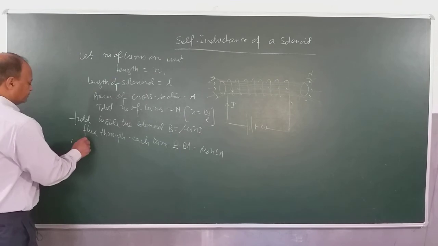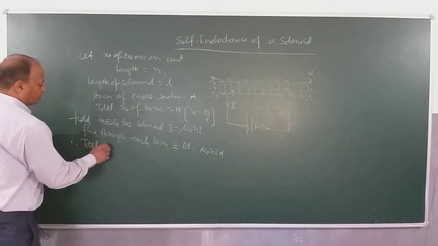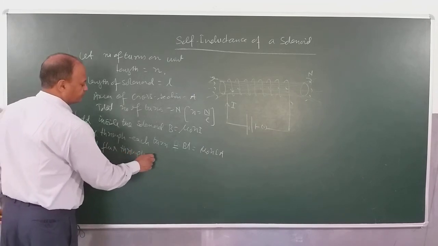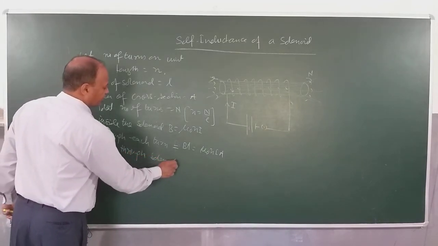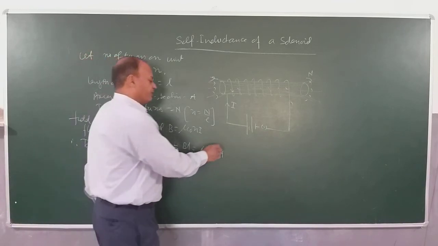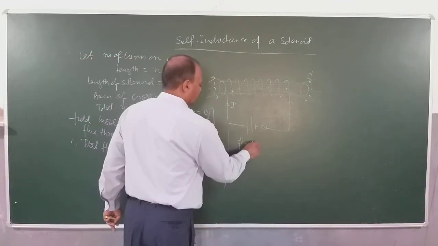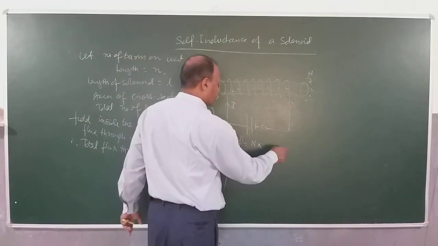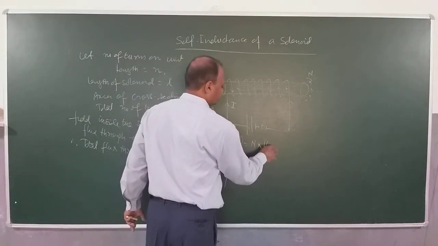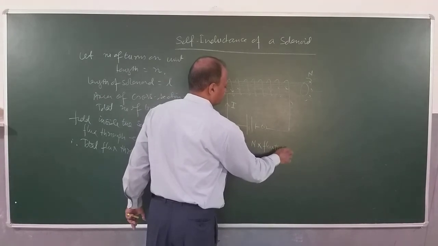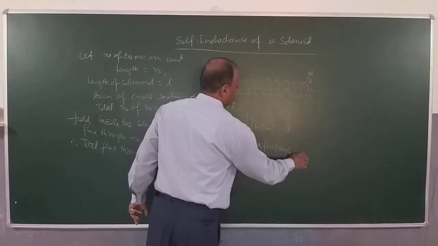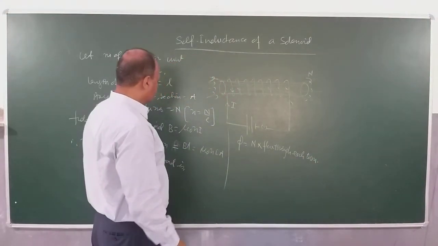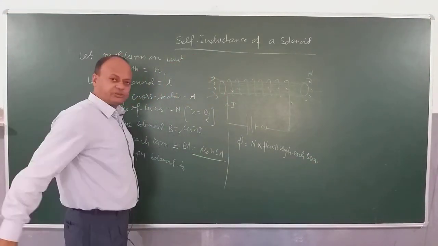Therefore, total flux through the solenoid is phi equals N, the total number of turns, into flux through each turn. And flux through each turn is this much.